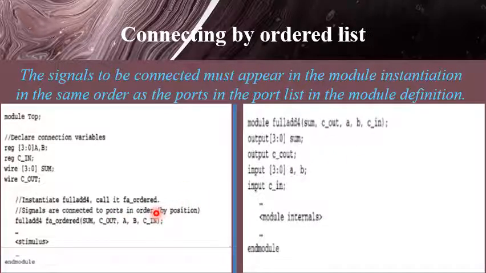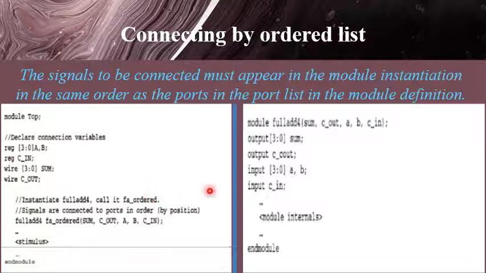So it is not necessary that you give different names. In this example, the port names in the module definition are lowercase, and in the instantiation line, that is the stimulus block, we have taken uppercase. This is also not necessary. You can take same names here as well.